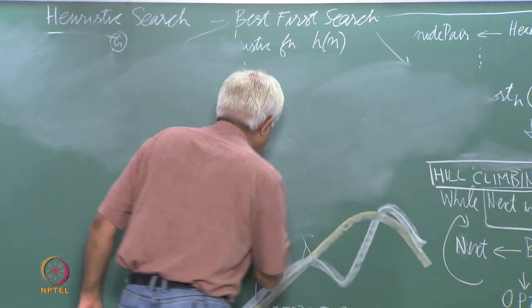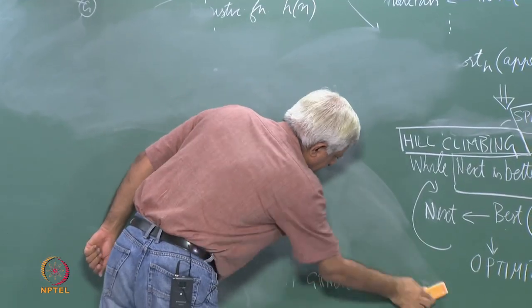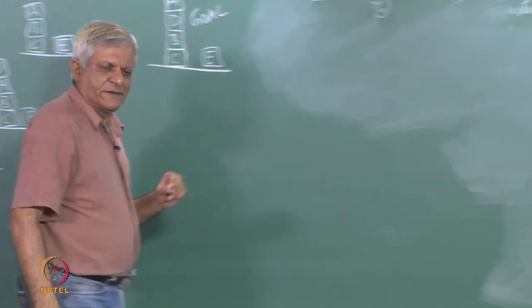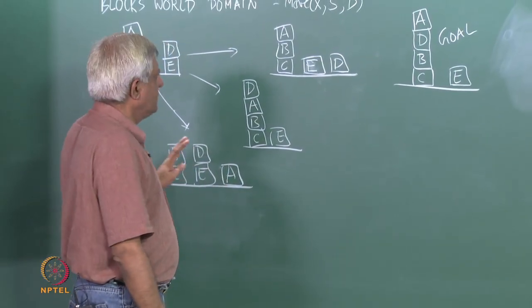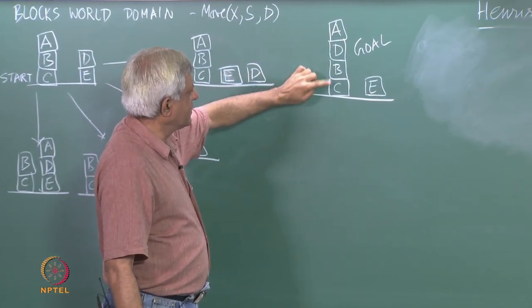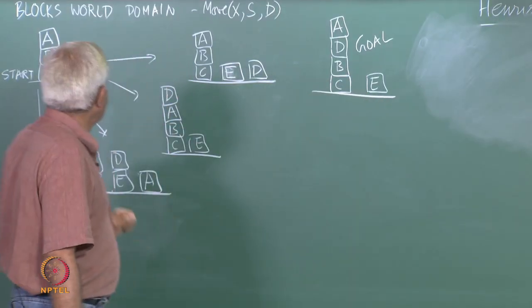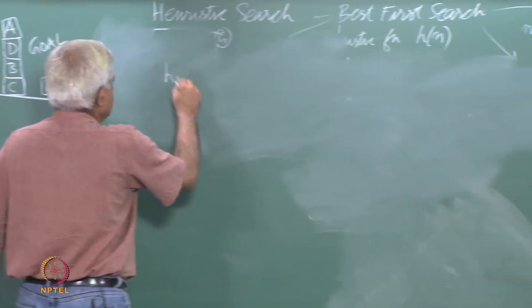The first function says that if a block is sitting on a correct destination block, then you add 1 for that block. What is the destination block? A should be sitting on D, D should be sitting on B, and B should be sitting on C, and C should be on the table, and likewise E should be on the table. So, let us call this H1 of n.